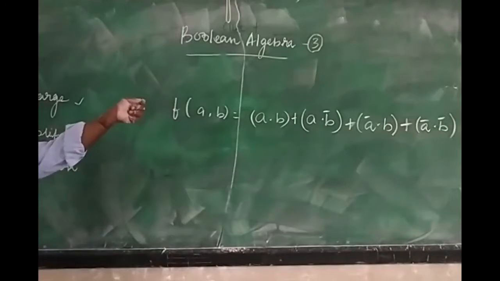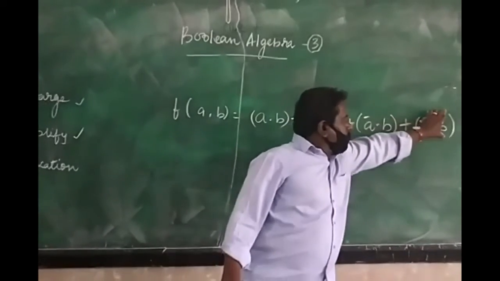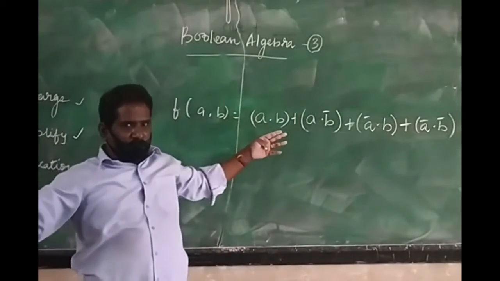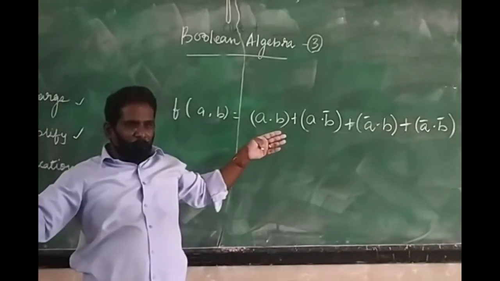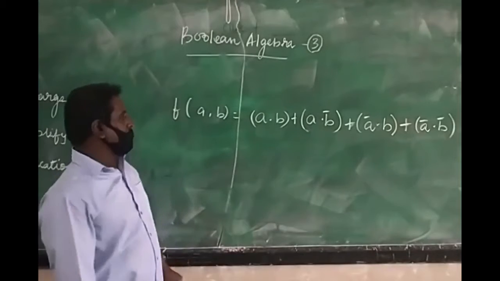This is one large Boolean function, and I am going to simplify it. How am I going to simplify? Let us see.